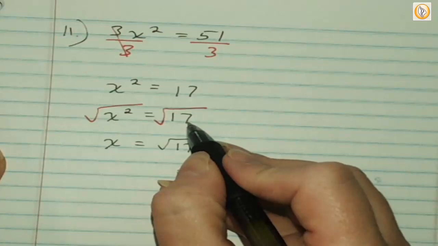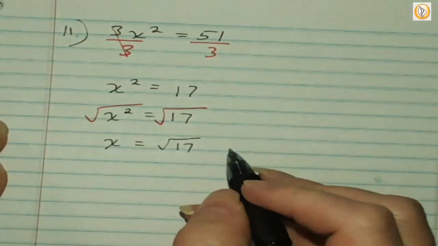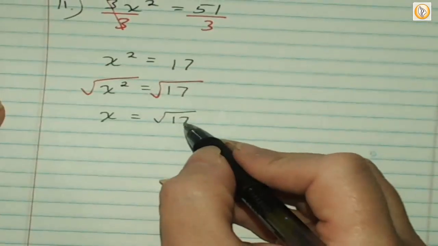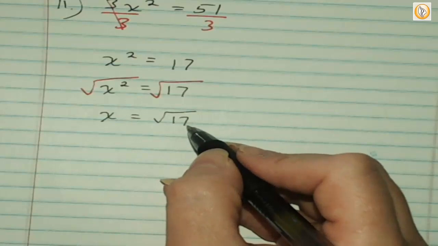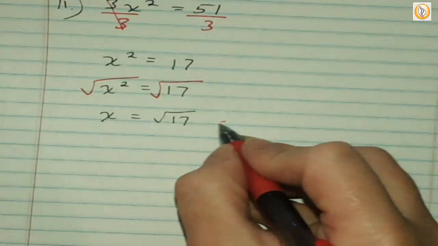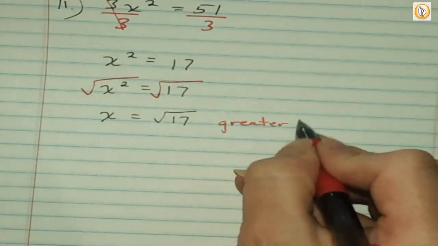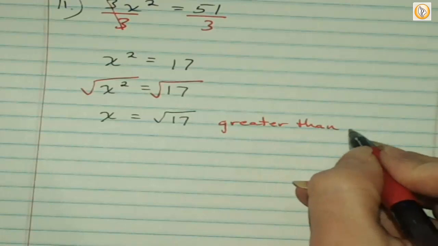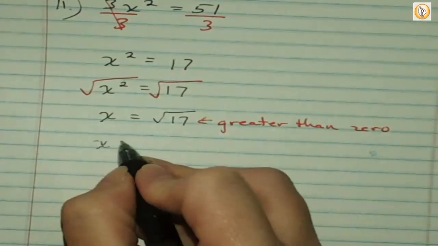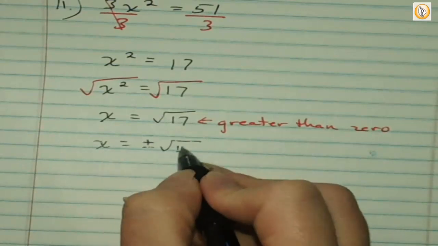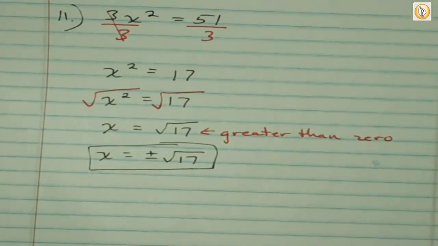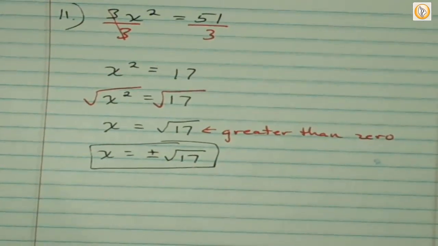Basically, it's prime, correct? Okay, so Cecilia, is the answer above 0, greater than 0, equal to 0, or less than 0? It's greater than 0. So, what is my answer? x equals plus minus square root of 17. Good job. Any questions?